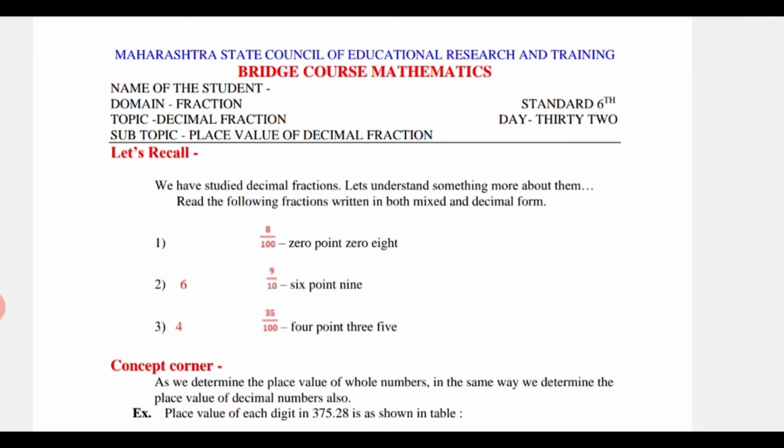The third mixed fraction is 4 integer 35 upon 100, which can be written in decimal form as 4.35. In this way we will have to write improper fractions and mixed fractions using a decimal point.